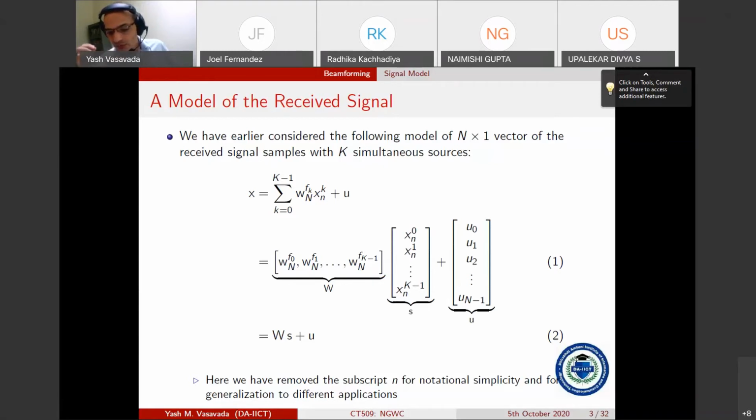I already told you the first symbol has vector S, which is 1, 0. 2 cross 1 vector, 1, 0. What about the second symbol? Bhavesh, you are there, unmute yourself. Yes, sir.